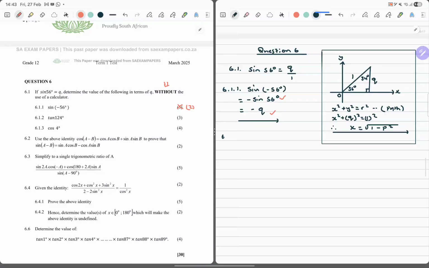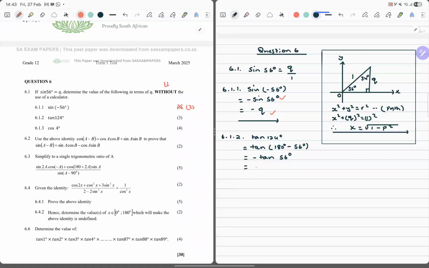Alright, so 6.1.2, we need to evaluate tan of 124 degrees. This is essentially a big angle, so this is the tan of 180 degrees minus 56 degrees, isn't it? So tan in the second quadrant is negative, and we reduce it nicely.